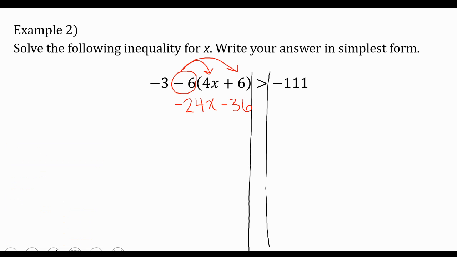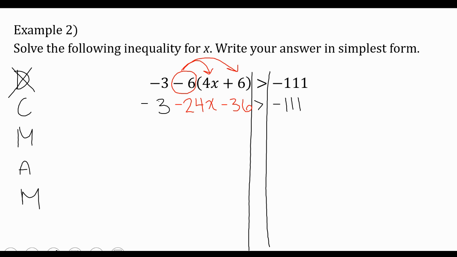Now I'm going to just bring down anything we didn't touch, which includes this -3, our inequality symbol, and this -111. Okay, and if you need to, you can totally write these on the side to help you keep track.